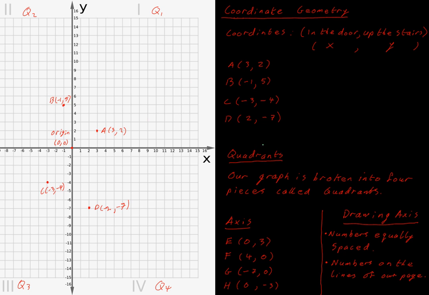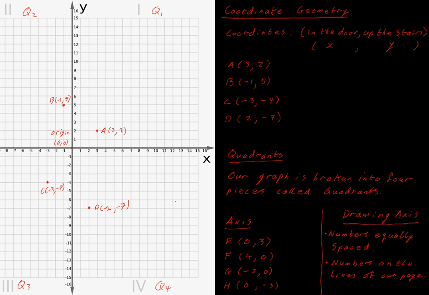Now, another piece of language that comes up in coordinate geometry is called quadrants. Quad means 4. So we've broken up our sheet of paper into 4 pieces. You can see that in the picture: 1, 2, 3, 4 pieces to our diagram.